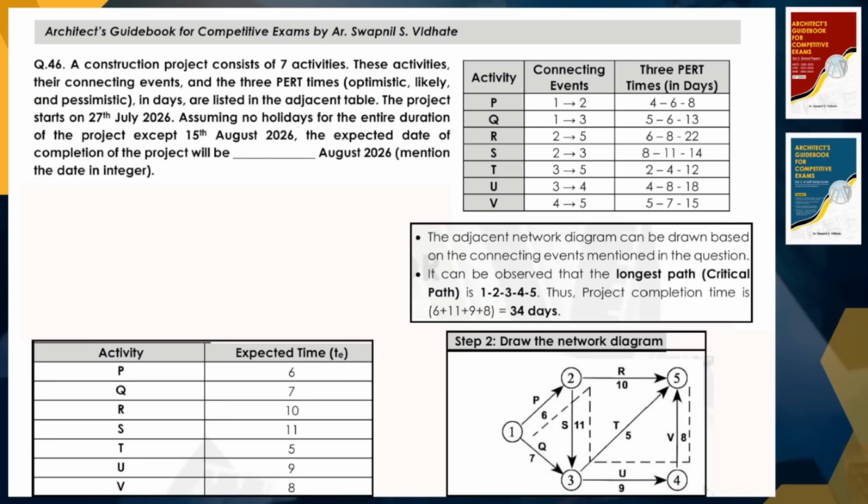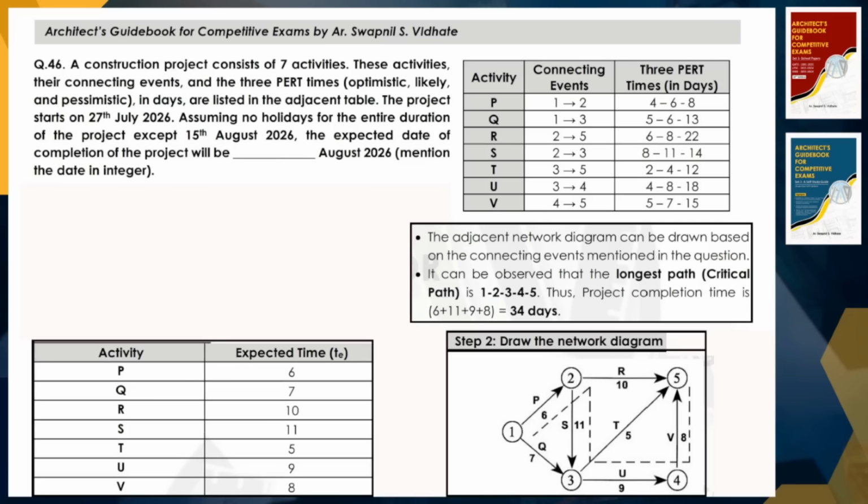This is the critical path which I have just shown with the dotted line. The total project completion time as per this critical path is 34 days. So this is the second step. We have identified the critical path and the total project completion time as per the critical path, which is 34 days.